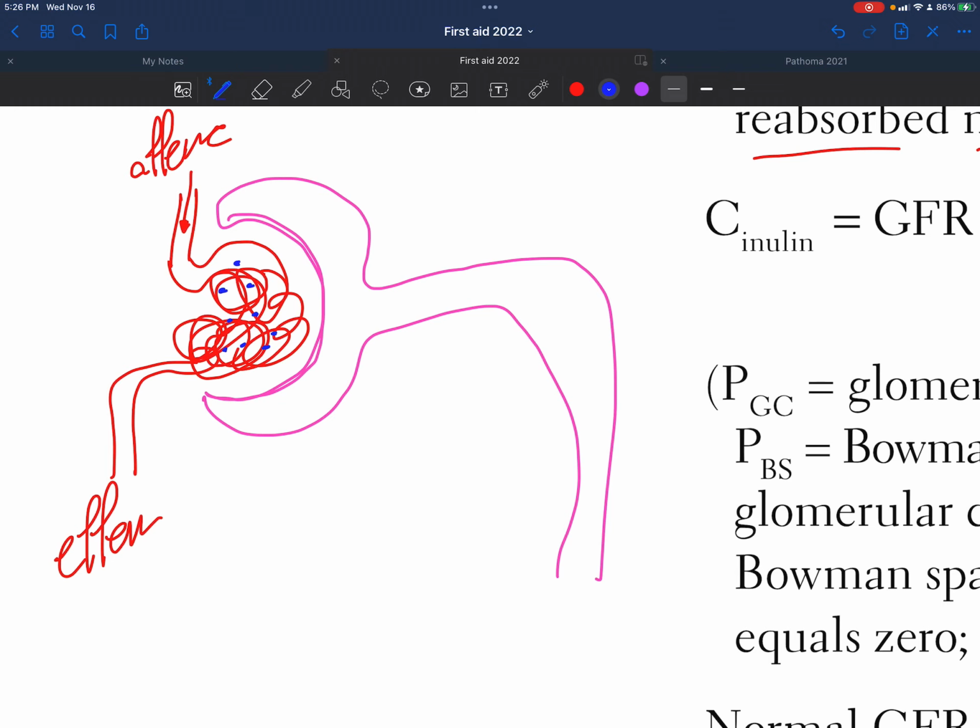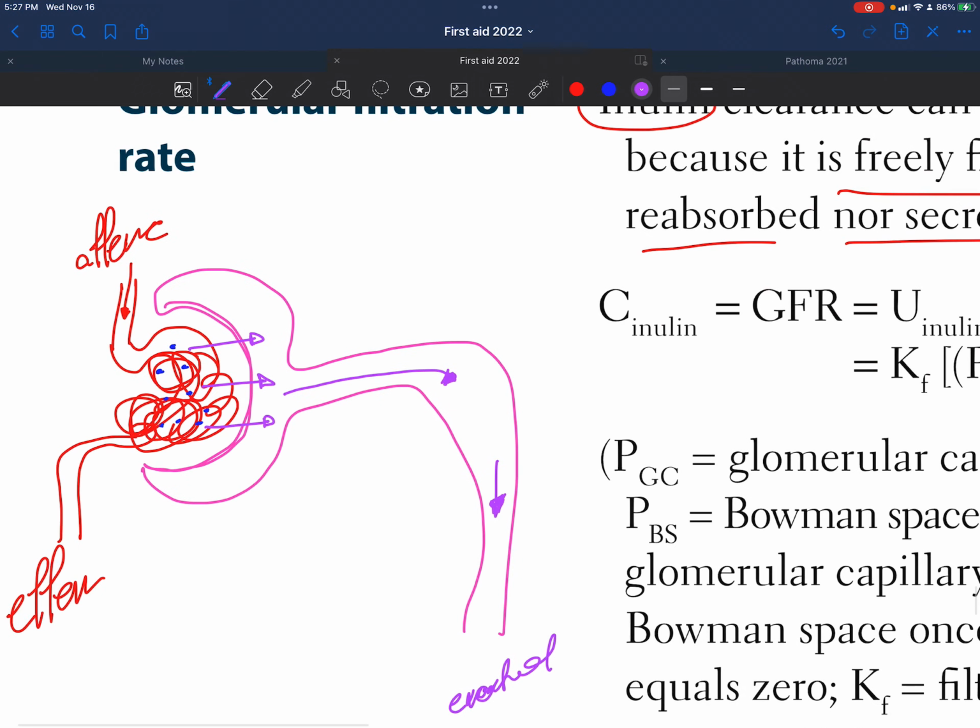It should normally be filtered into the Bowman's space, and then from the Bowman's space it moves forward into the renal tubule as urine, as filtrate. So this is filtrate moving within the renal tubule until it gets excreted to the outside of the body as urine. This process is considered filtration.